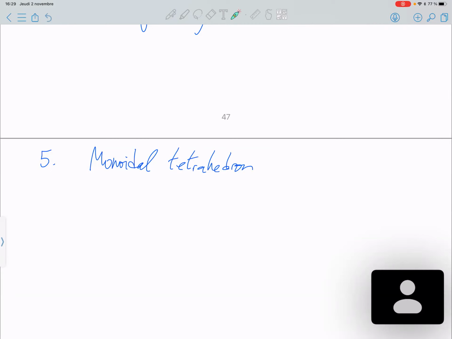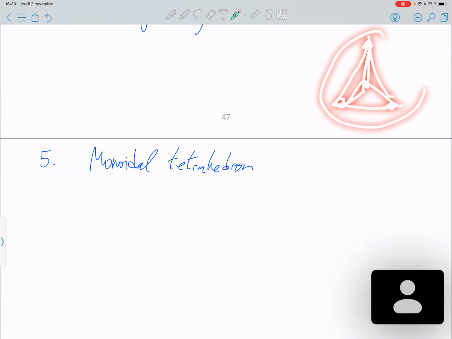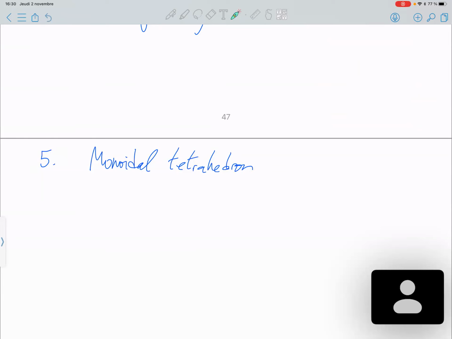But we cannot write it like that. It doesn't make sense to write this like that in a monoidal category. Every vertex should be a morphism, and you should be very careful how you model such a tetrahedron to avoid anything which will be not well defined.